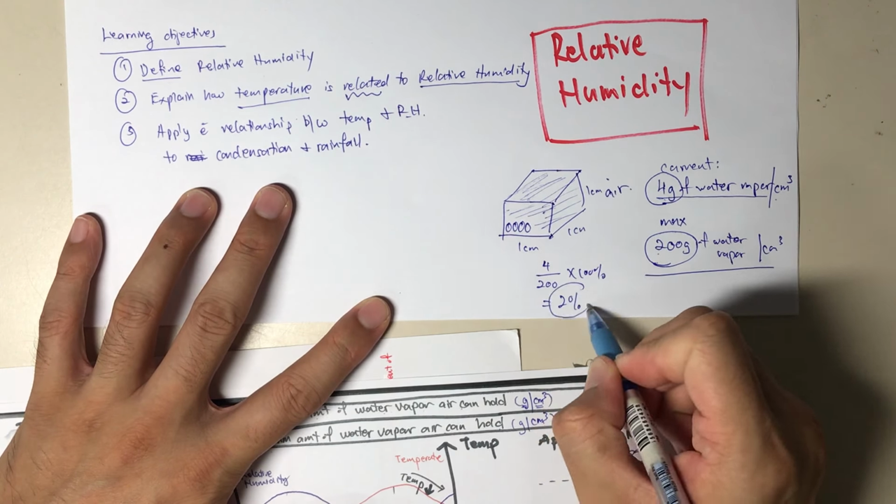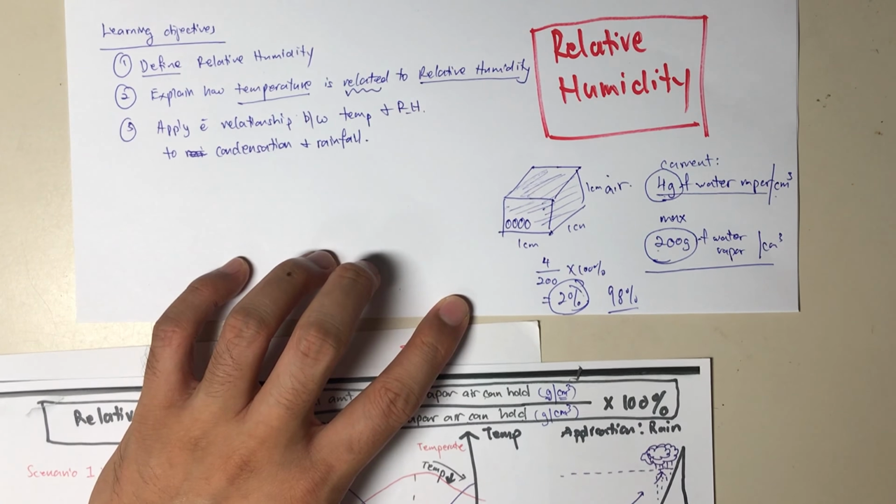Currently in this box, only 2% of the volume is filled with water vapor. In other words, there is another 98% of the air that I can fill water vapor in.